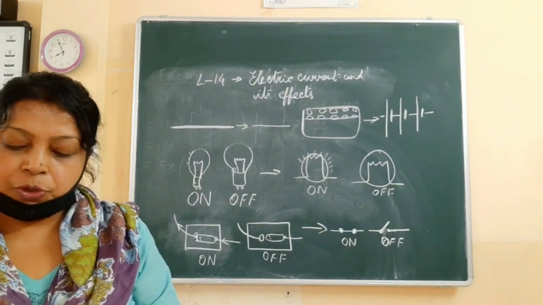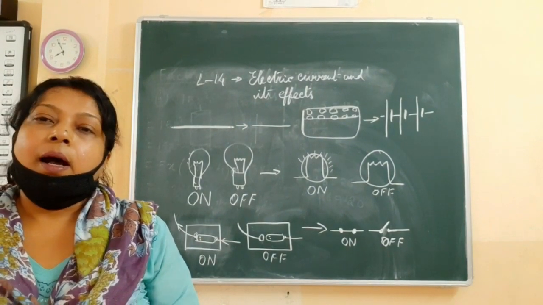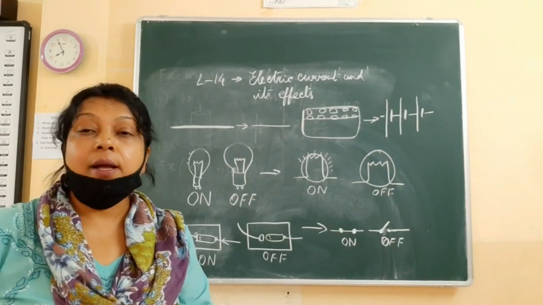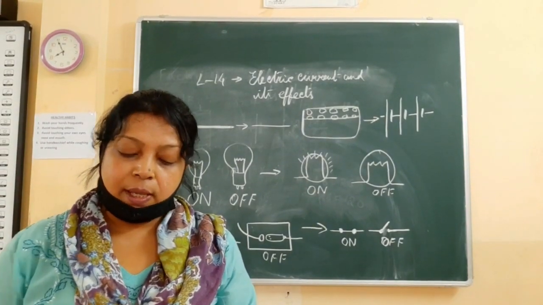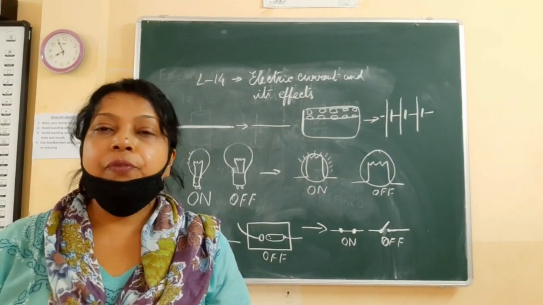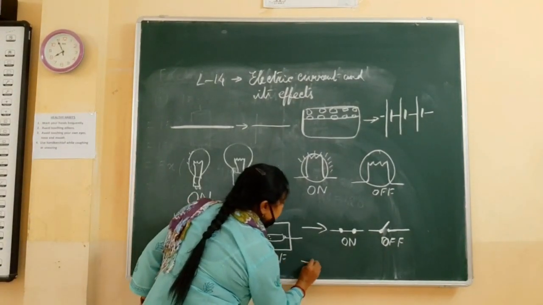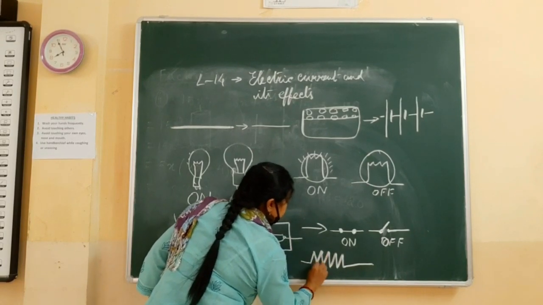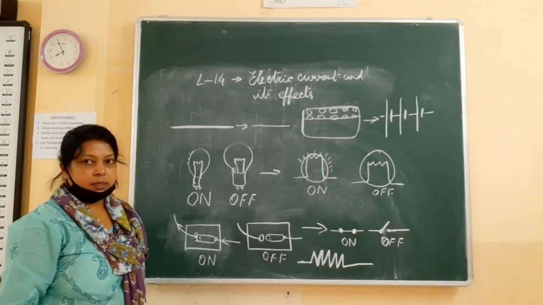So this shows the wire. And there are some more components, and there also we use a symbol, that is the fixed resistance. For that resistance we use this symbol. This is for the resistance.